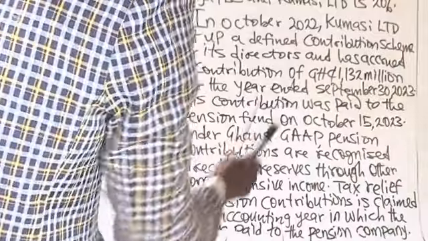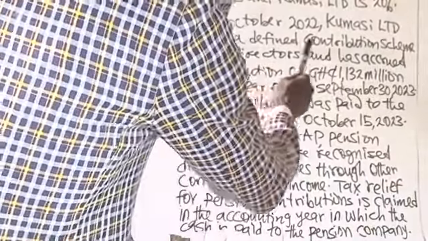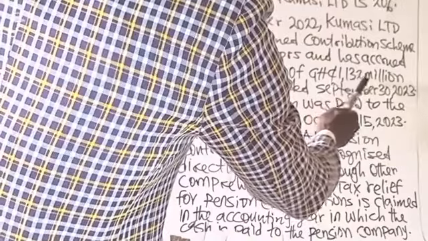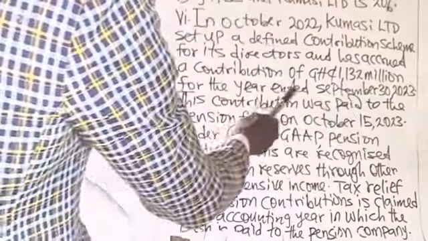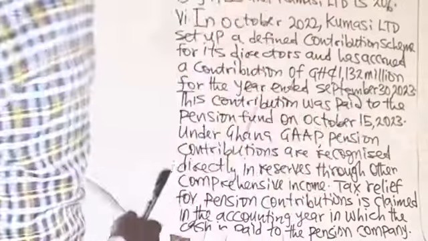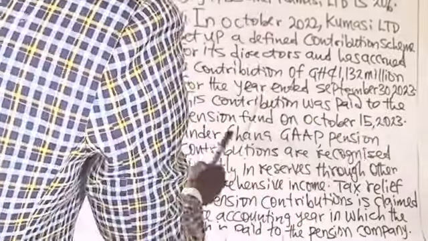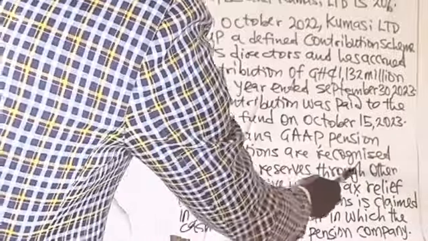In October 2022, Kumasi Limited set up a defined contribution scheme for its director and has accrued a contribution of 1,132 million for the year ended September 30, 2023. This contribution was paid to the pension fund on October 15, 2023. Under Ghana GAAP, pension contributions are recognized directly in reserves through other comprehensive income.